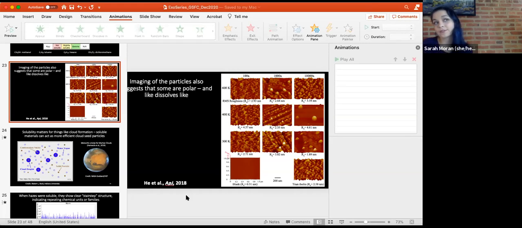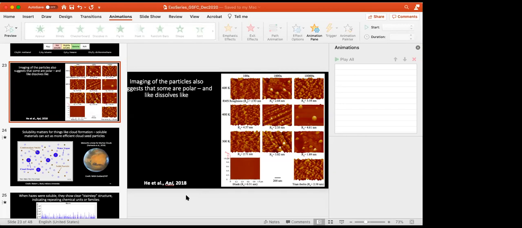And her work, at least for the Titan particles, shows that they're very sticky. And so maybe these are too. She would have to follow up and see if that's true. But I think there's definitely a potential for these particles to act that way, but we don't have a constraint yet. Gotcha. Thank you so much.